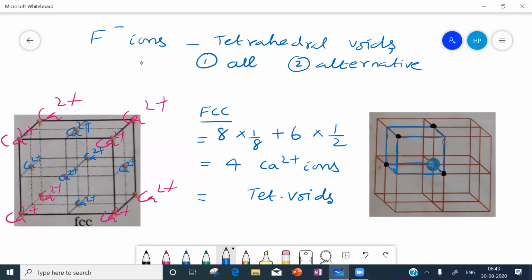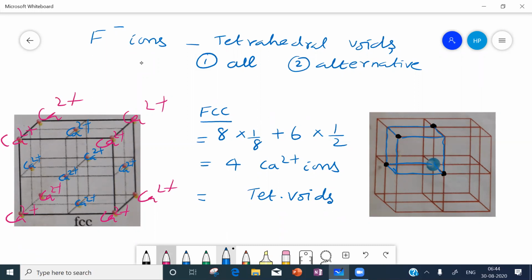Okay, this small cube we have taken. You should understand that this complete one is called one FCC unit cell. In this FCC unit cell, for our understanding, we have drawn one small cube. In this small cube, you see alternative corners: here one particle, here one particle, here one particle, here one particle.